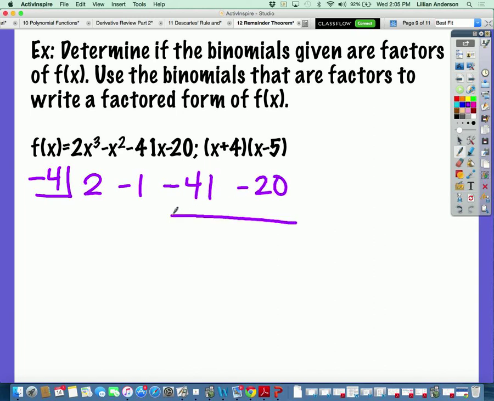And remember, you guys, you're always doing the opposite of the factor. So I start by bringing down the 2. Then I multiply to get -8. -8 and -1 make. Multiply again to get.